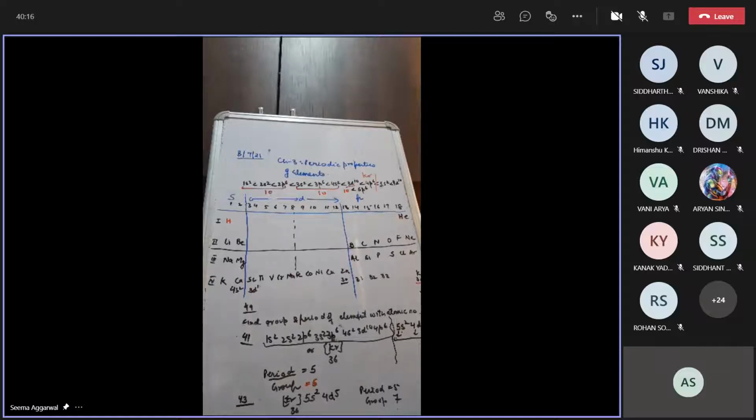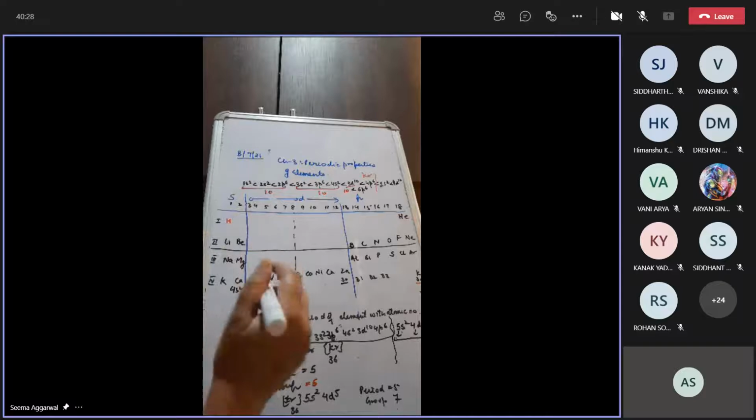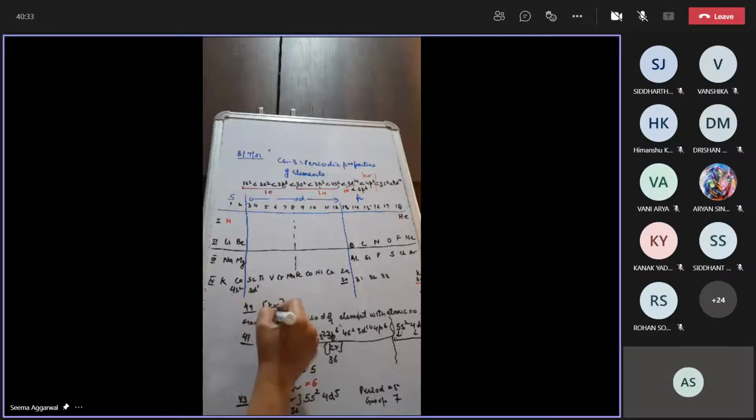ओके भव्या मिश्रा, you tell me. 49. Our principle is written here. Till krypton I can take. Krypton means 36. 36 means 4p6. Then where will it go?